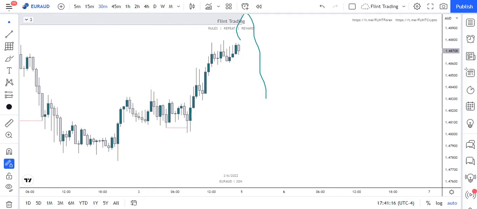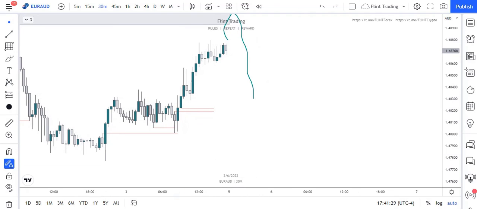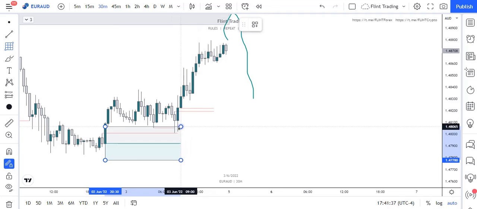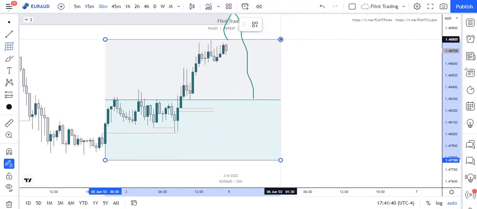It came down, it mitigated this order block right here, it went up, it left some fair value gap right here. All right, so I would consider this right here as an inducement, and if we draw our trading range, this right here is still in the discount range.